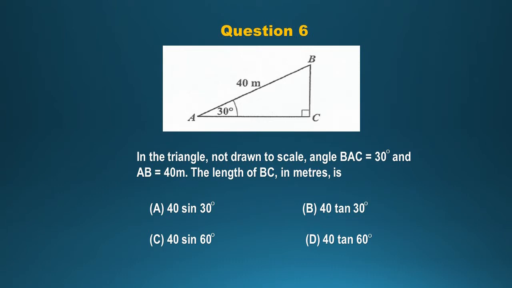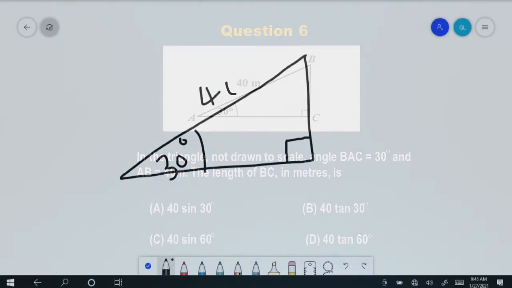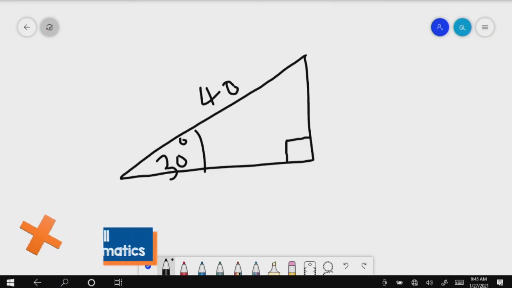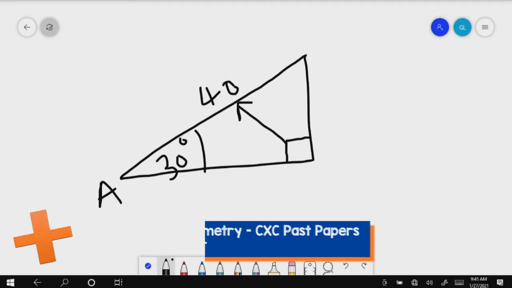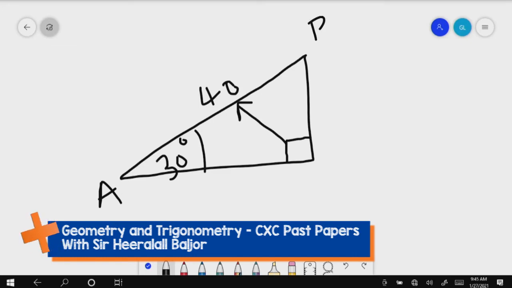The item refers to the following right angle triangle. Kindly take note, they're mentioning those key terms in geometry and trigonometry. Right angle triangle, an angle is given there. A length is also given, and that length given in respect to this right angle triangle is the hypotenuse side. And how do we identify the hypotenuse side?